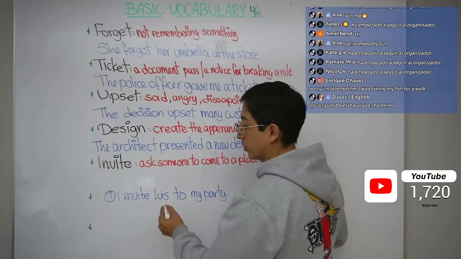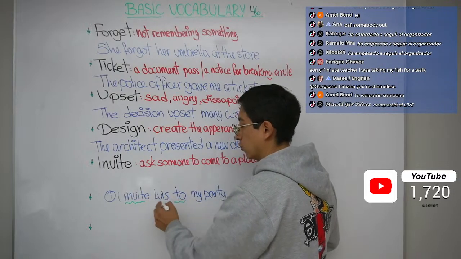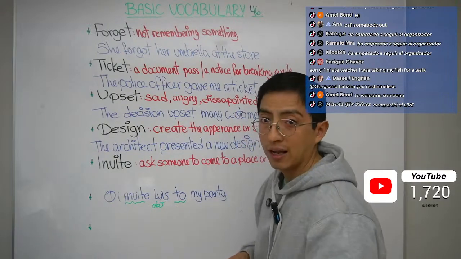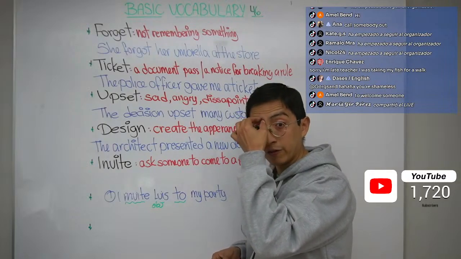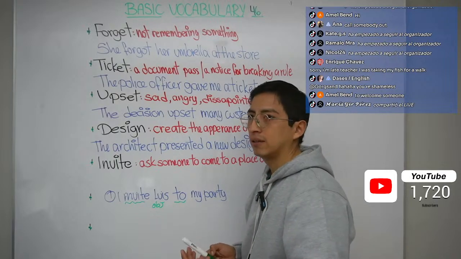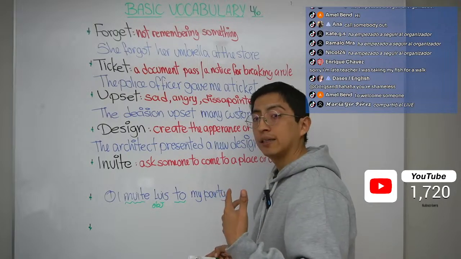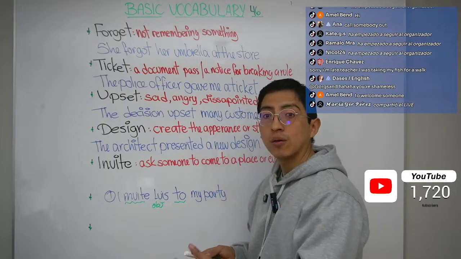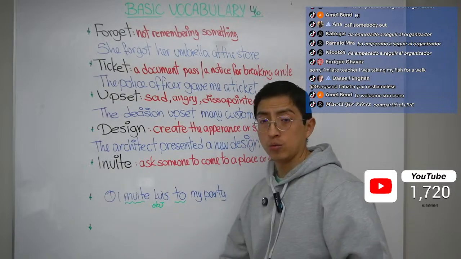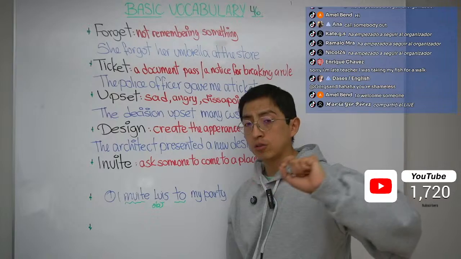So what we're going to use here is invite, object, to. Okay, this is the object. I invited my friends to my house. I invited maybe Nancy to my graduation. So in those cases, we're going to use invite someone to: invite someone to my party, to the meeting, to the festival.